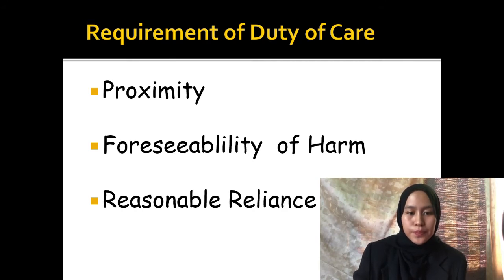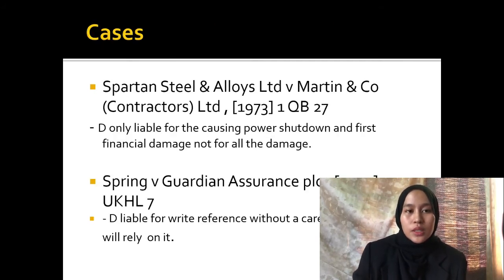In Spartan Steel and Alloy against Martin Co., the defendants were responsible for digging up a road outside the plaintiff's smelting factory. As a result of their negligence when carrying out this task, they accidentally severed a power supply under the road and caused a loss of power to the plaintiff's factory.